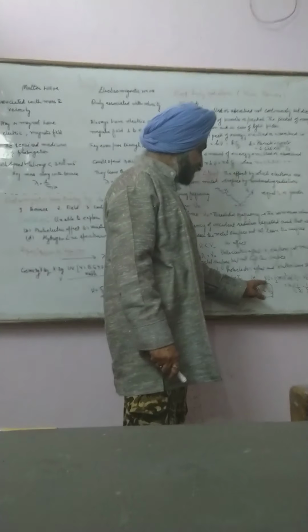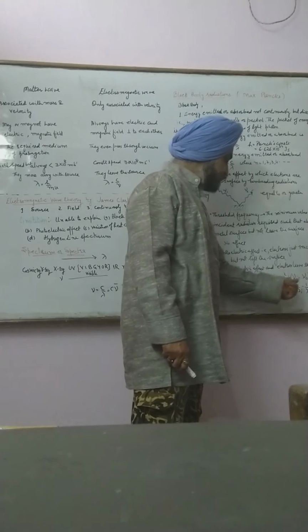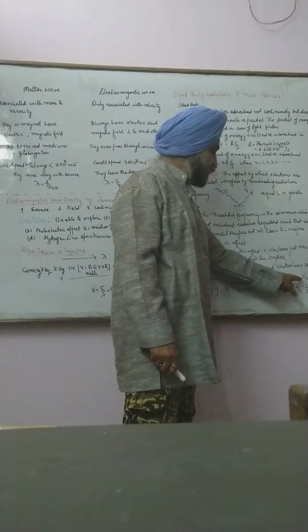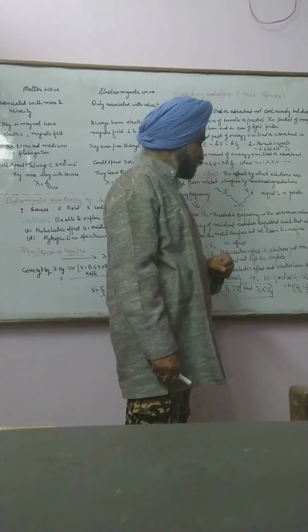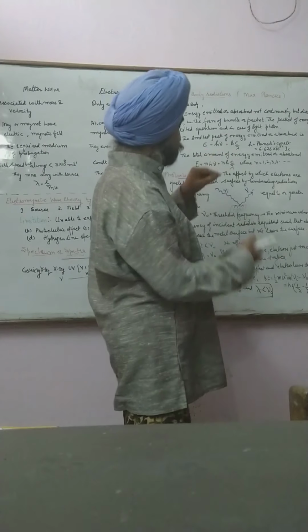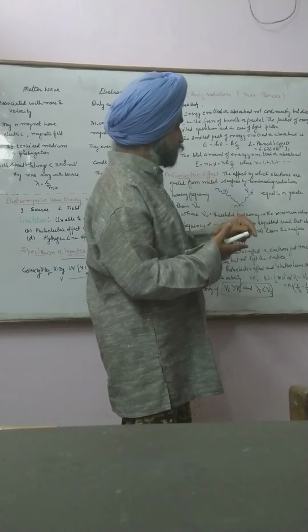So the kinetic energy of ejected electron is equal to the frequency difference. So half mv square equals h into (nu I minus nu naught). Because the energy is equal to h nu, the energy of incident radiation is h nu I and threshold energy is h nu naught.